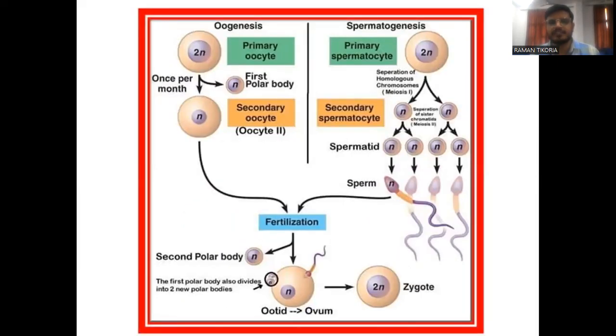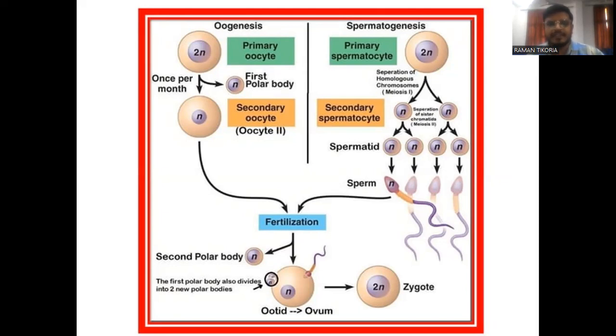So this is the difference between spermatogenesis and oogenesis. The basic difference is that spermatogenesis continues throughout life once puberty is achieved, but oogenesis stops after menopause, right?